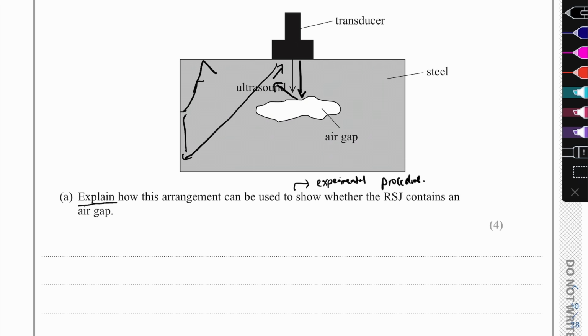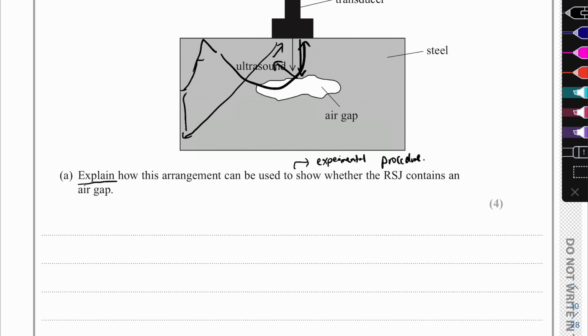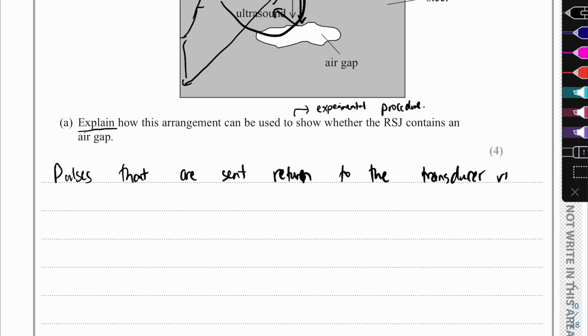At the end, it will end up at the transducer. So the first thing we have to tell them, because they're very picky with the words, is that we have to state that the pulses that are sent return to the transducer via reflection.